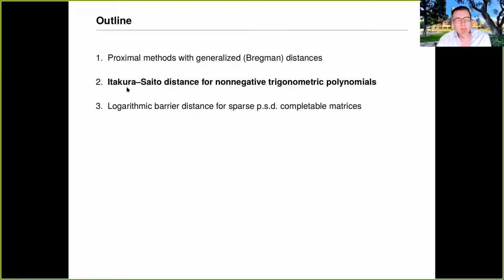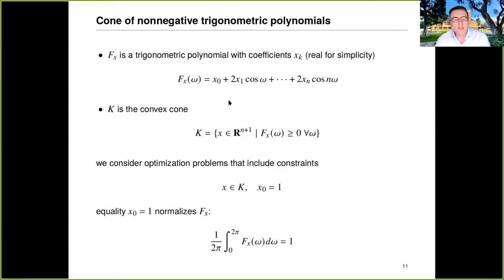So now the main point of the talk: we look at these two applications that I mentioned in the introduction. First, the non-negative trigonometric polynomials. And the question is, can we, by choosing a different Bregman distance, reduce the cost of evaluating a proximal operator compared to the Euclidean case?